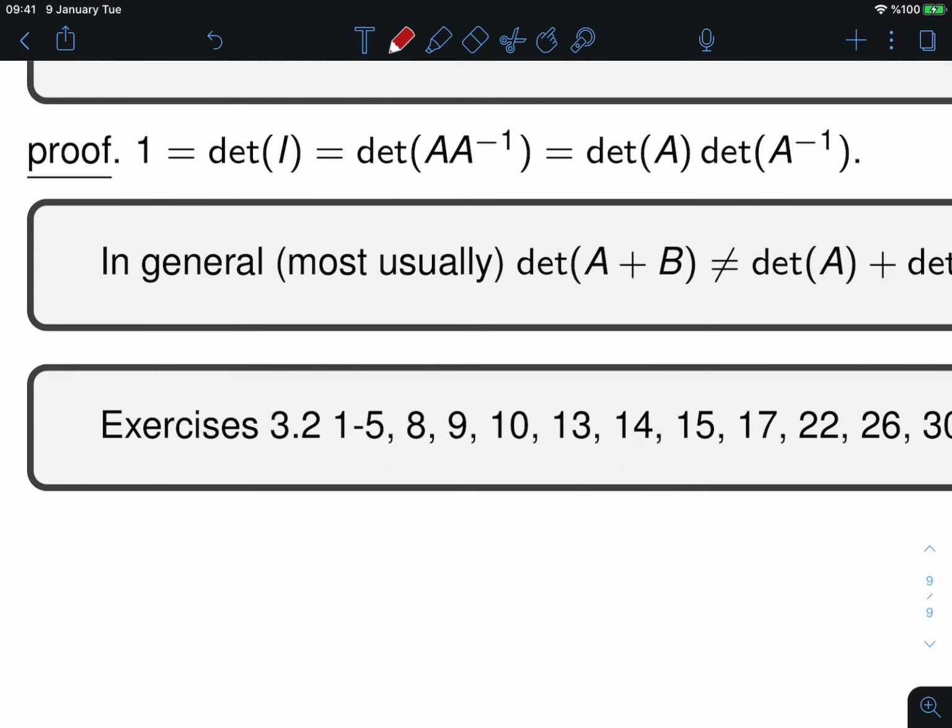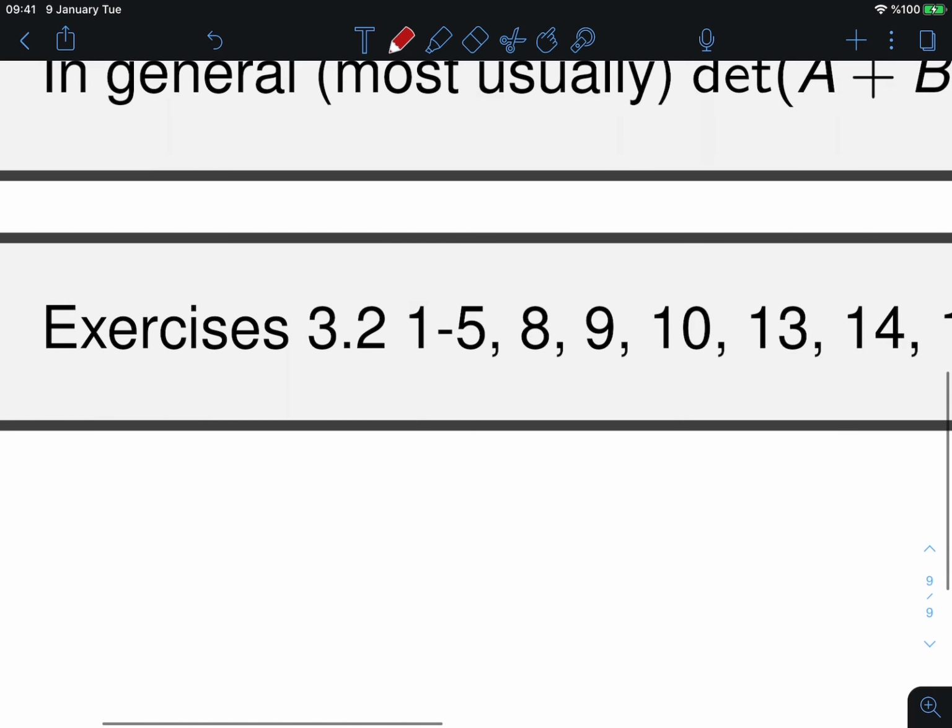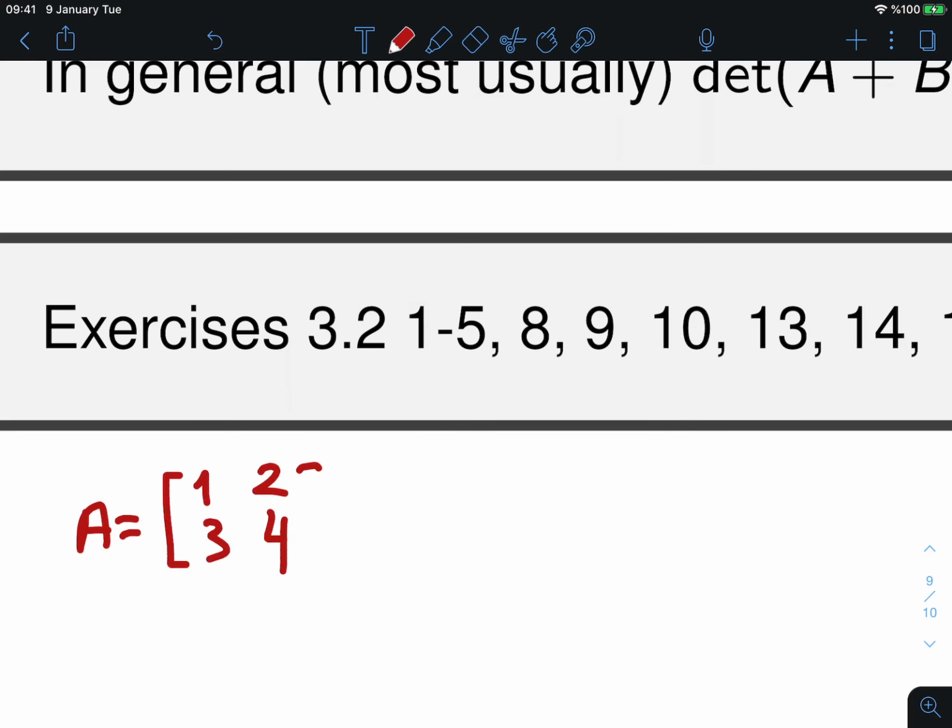Let me make this bigger. Let's take A to be 1, 2, 3, 4, and B to be 0, 1, 3, 5.